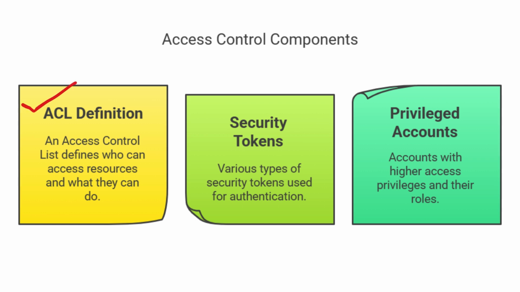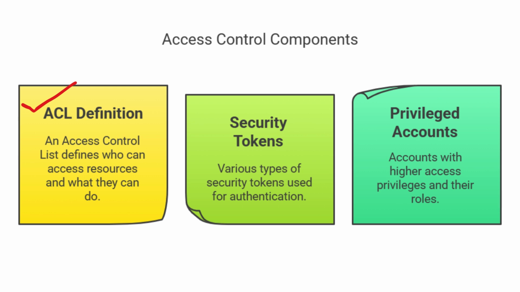Access Control Lists, ACLs. An access control list is like a guest list at an exclusive event. It defines who is allowed access and what they are allowed to do. In technical terms, an ACL is a list of rules that specifies which users or systems can access a specific resource and what actions they can perform. A real-world example would be file permissions.